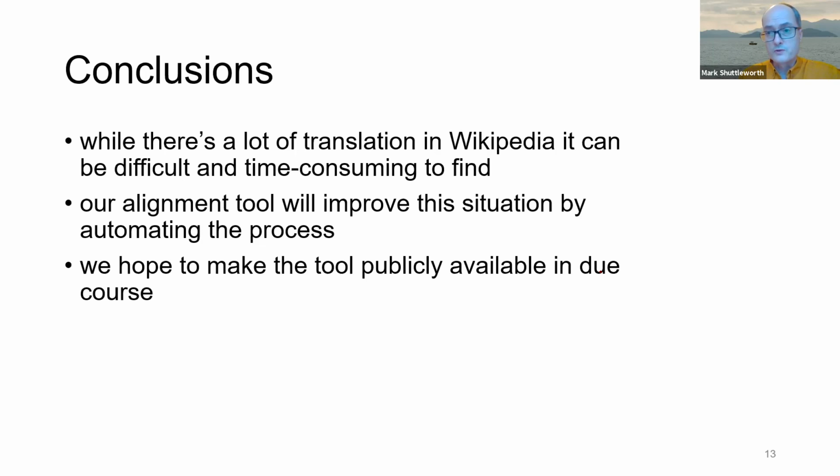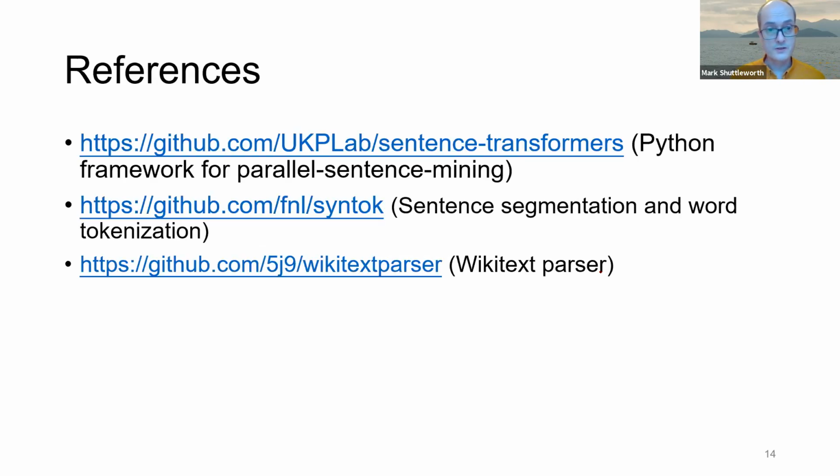So our alignment tool will hopefully improve the situation by automating some of this process. And as we've been explaining, the intention is to make this tool publicly available to be used by anyone who feels it would be useful. And we're aiming to do that in due course.